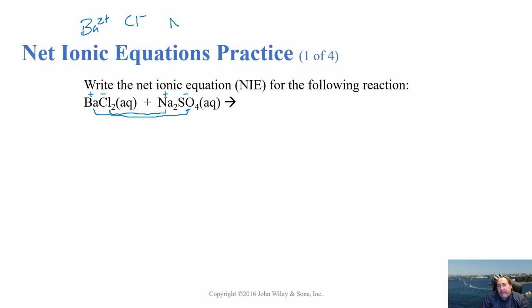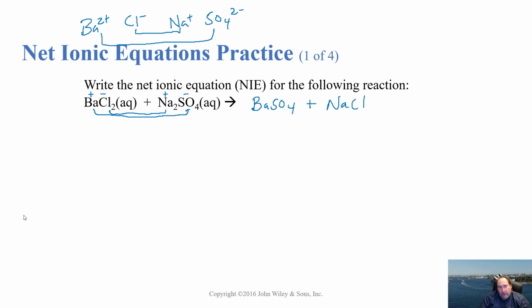Sodium sulfate is a sodium ion and a sulfate ion. So once again, we want to put these guys together correctly. So when those two come together, that's a +2 and -2, which is going to give us BaSO4. And this is a +1 and -1, which means, again, NaCl.